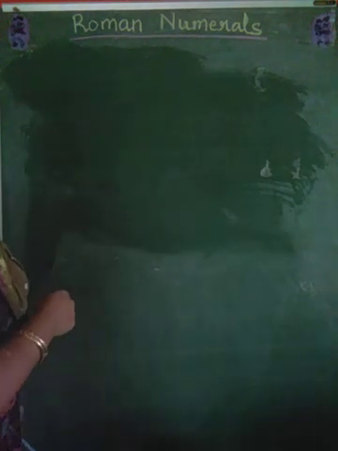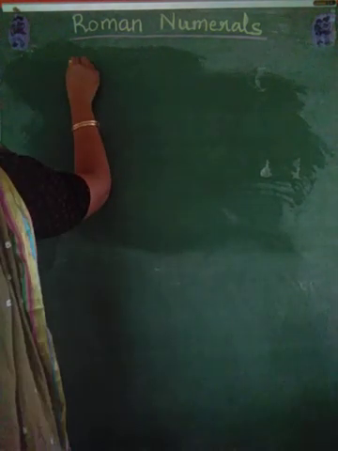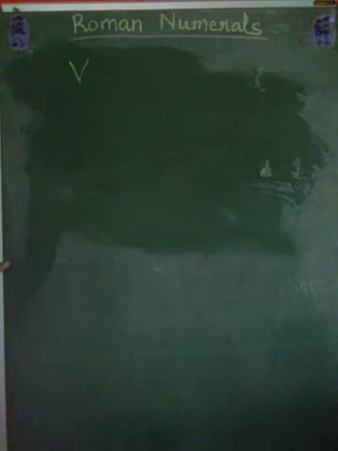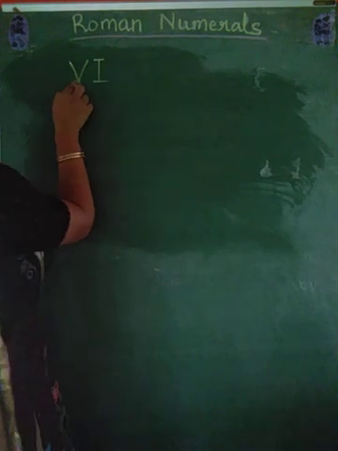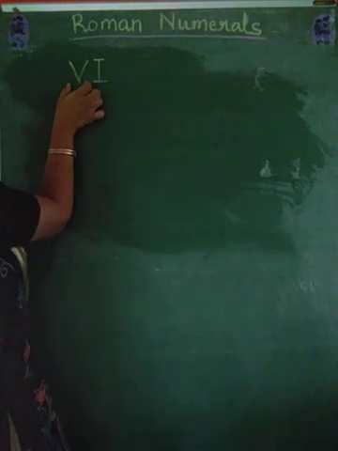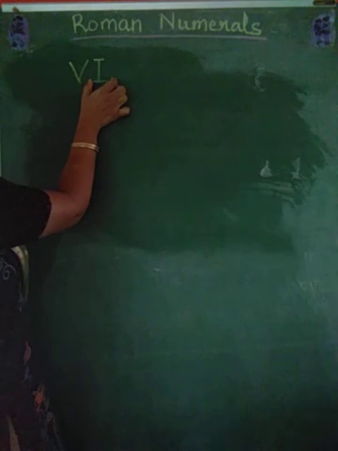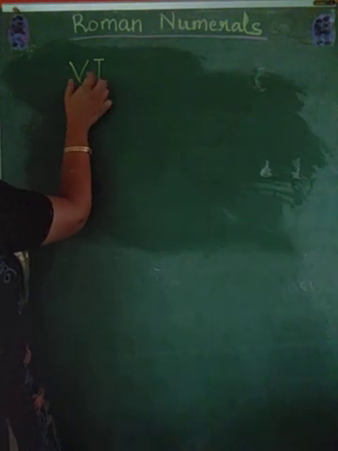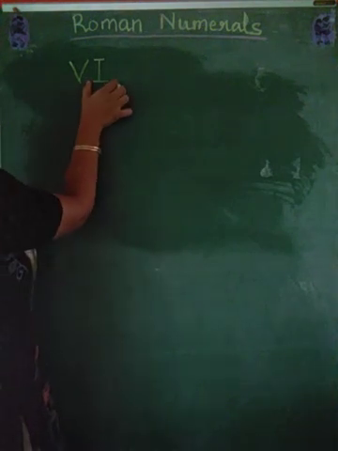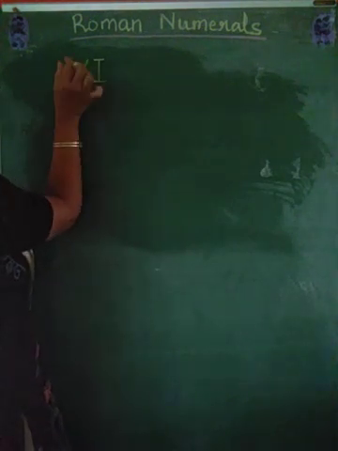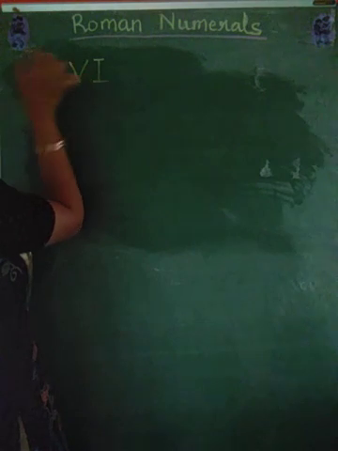Now let us take some symbol like this. Let's say V. We are taking one symbol V. Now let us write I or X on the right hand side of the bigger number. Now this is your bigger number 5 and you have written I on the right hand side of this bigger number. So the value of this I gets added to this bigger number.